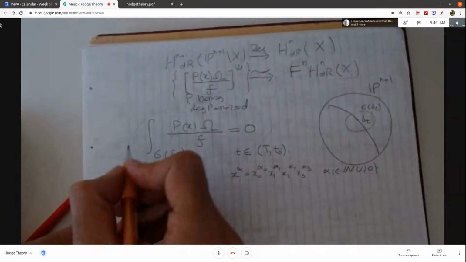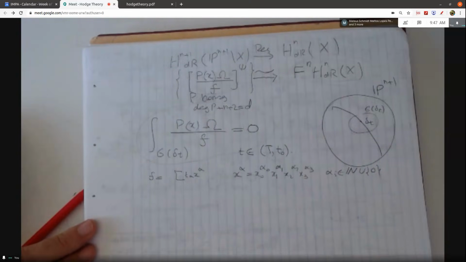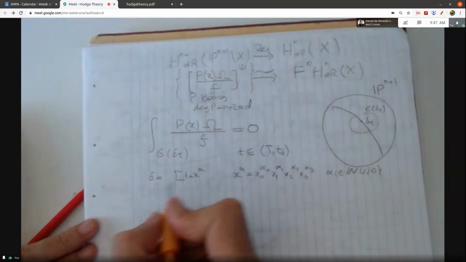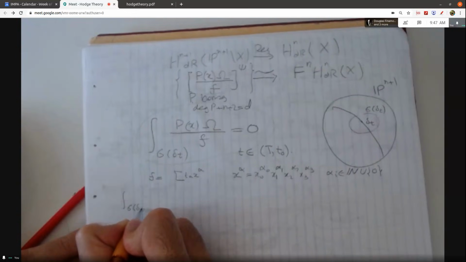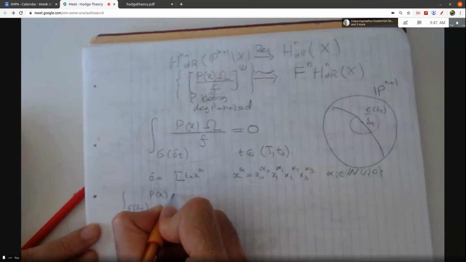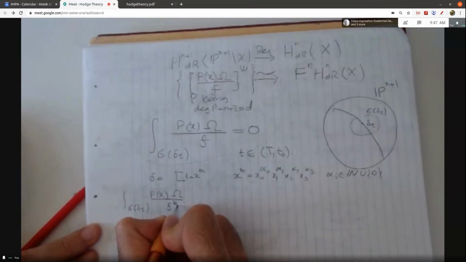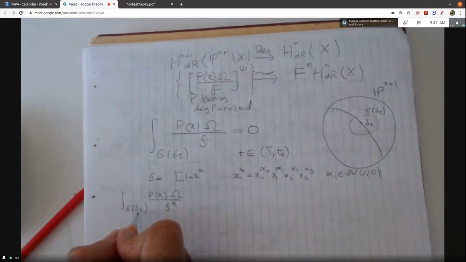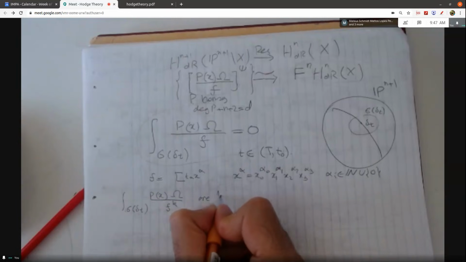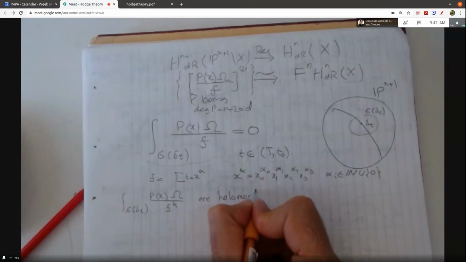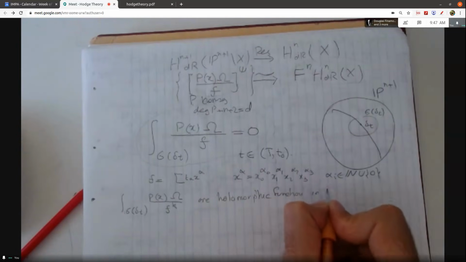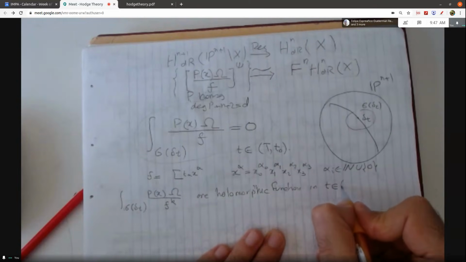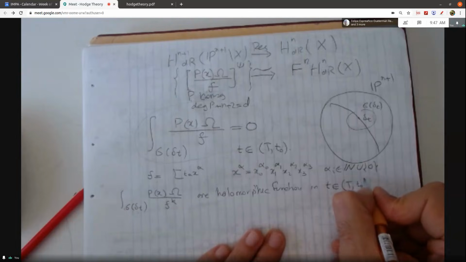So anyway, maybe let me say, even independently of this, maybe I have to make you remember: all these functions, independently of the cycles also, it doesn't matter, these are holomorphic functions in T. So let's just stay in a small neighborhood of T0.